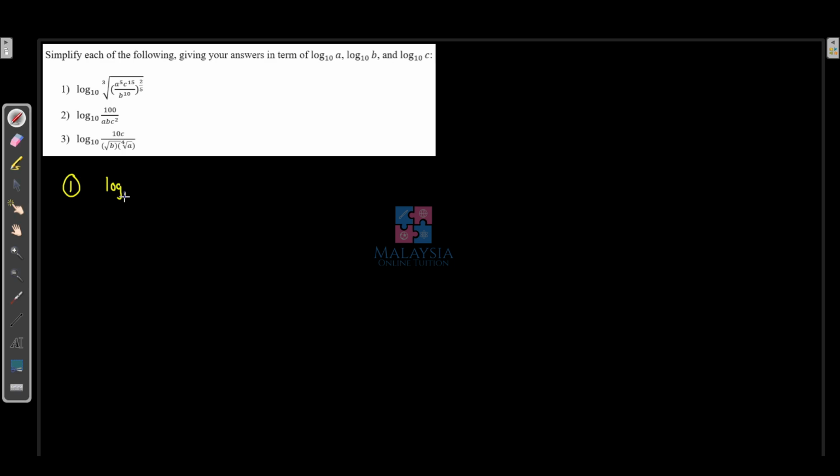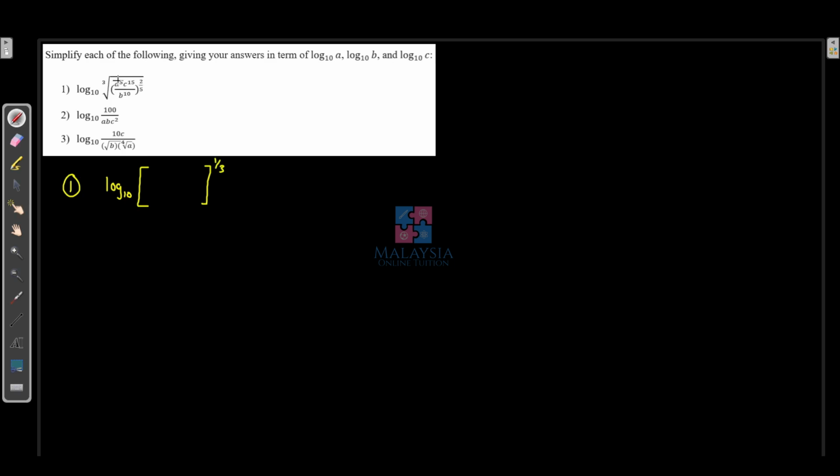So what you need to do first is to realize that the 3 there means you are going to have a power of 1 over 3, because cube root means power of 1 over 3. So you can put a very big bracket here, and after changing it to the power of 1 over 3, you can expand this bracket.